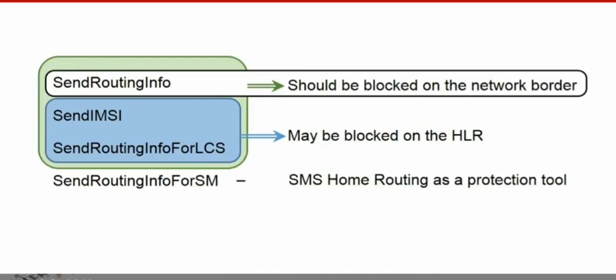Now let's recall this slide from the very beginning, and I would like to focus your attention on the send routing info message. This message is used in each voice call. That's why it should not be prohibited on the HLR. It should be blocked on the border, because this message is used internally in the operator, not between different operators.